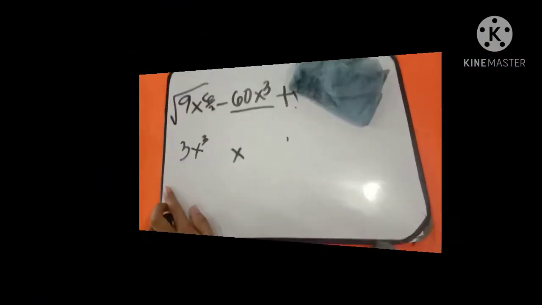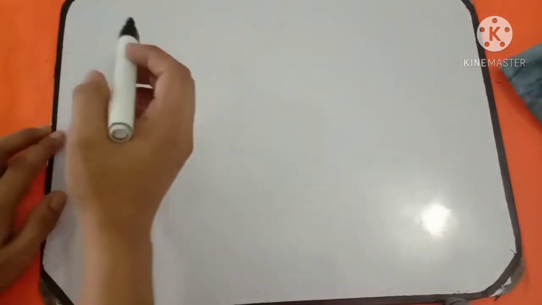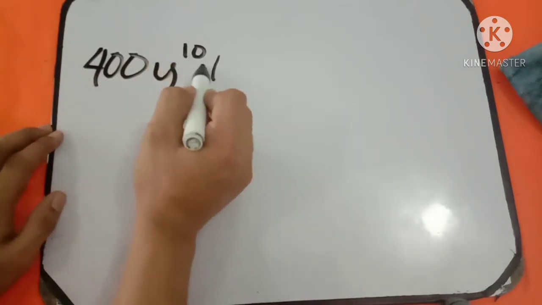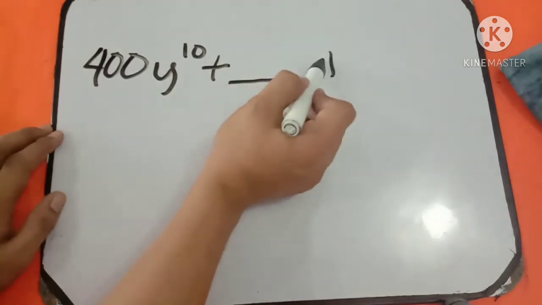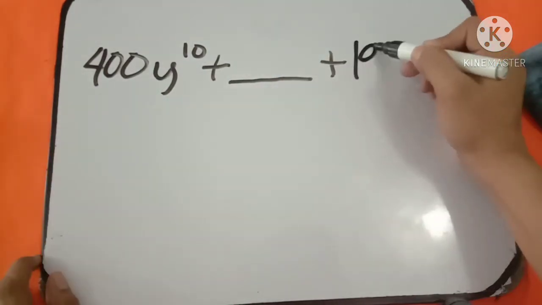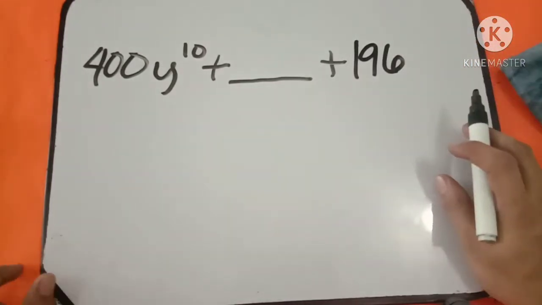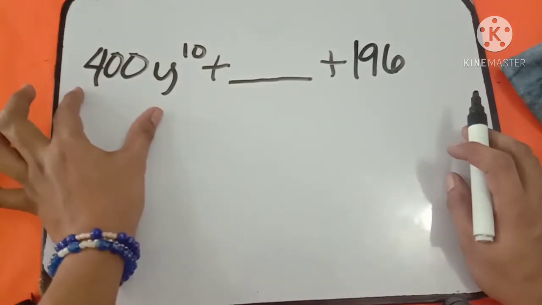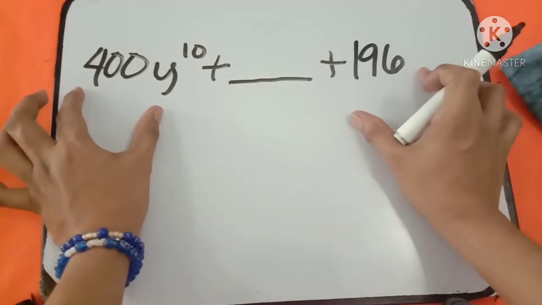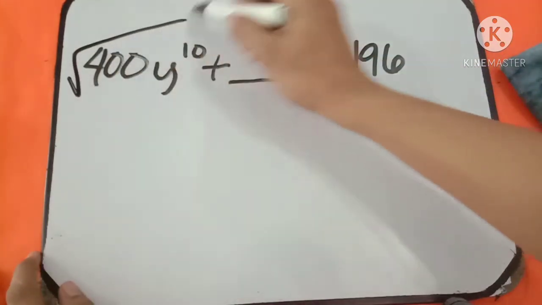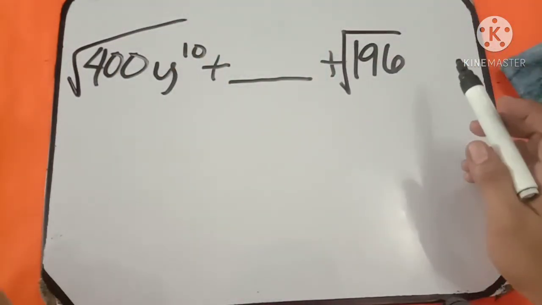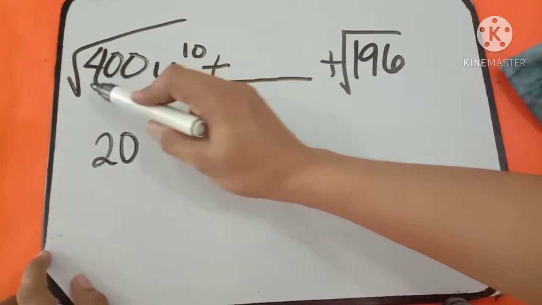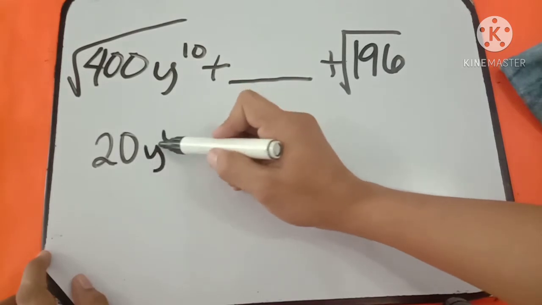Another example. Let's say we have 400y raised to 10 plus blank plus, let's say, 196. Again, in order to get the value for the middle term, you have to square root the first term and also square root the last term. The square root of 400 is 20, and the square root of y raised to 10 is simply y raised to 5.